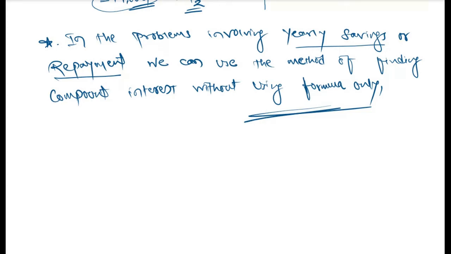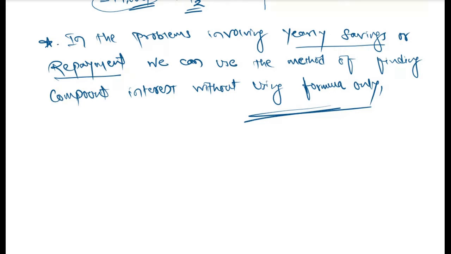So whenever you see problems involving yearly savings or yearly repayment, don't use formula. You cannot use formula. So the very important question which comes, most of the students are confused about which method to use. In chapter 2 and 3, both are of compound interest. If I see a question in the exam, which method to use? Now you know. If it is a problem of yearly savings or repayment, you cannot use the direct formula.